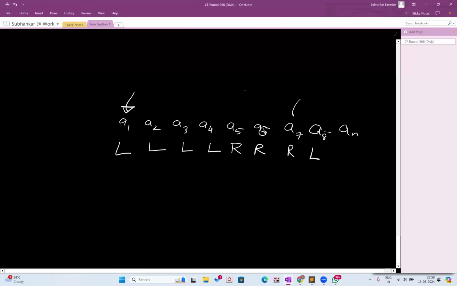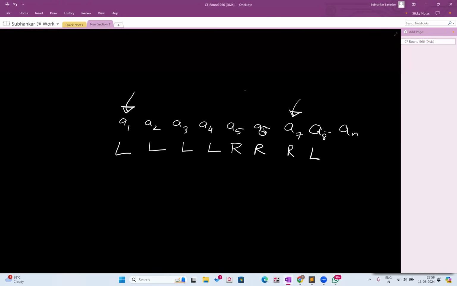This can be done whenever I choose this R. So the rightmost R and the leftmost L will do the highest sum addition to our score. So this is one thing to notice.